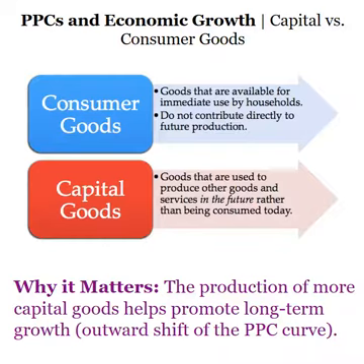So in terms of long-term economic growth, if a country focuses more on capital goods, they're going to produce a lot more in the future than a country that produces mostly consumer goods. It is possible to grow by producing either one, but capital goods will make the country grow a lot more and a lot faster than a country that decides to focus on consumer goods.